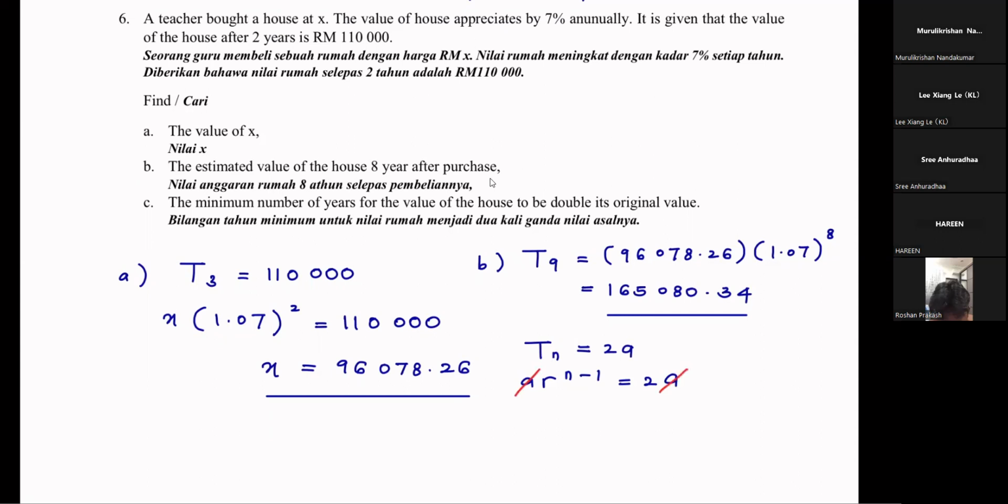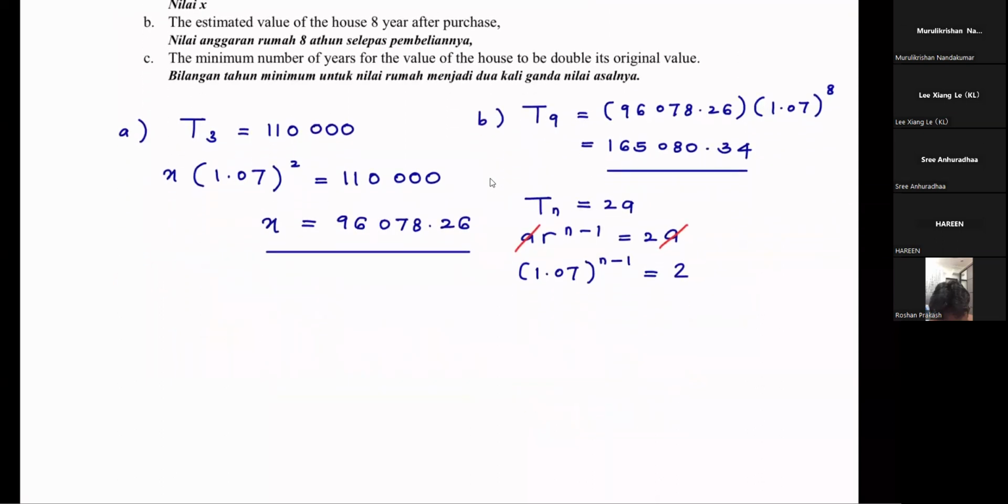So now you can put the R. R is 1.07. Same also if you put the value, in the end you will get the 2 also. Right. So you can insert log. So N minus 1 bring to the front. So bring this log to the other side.